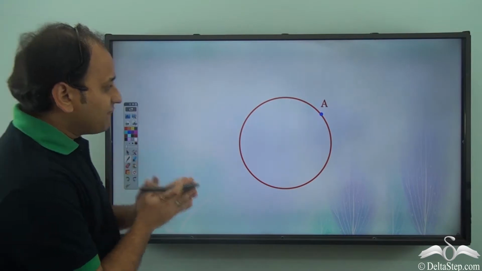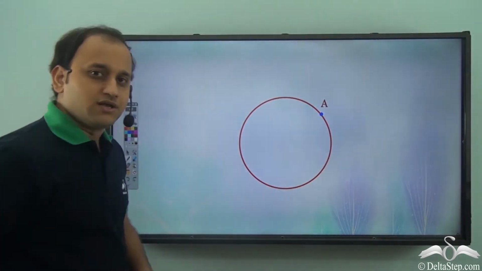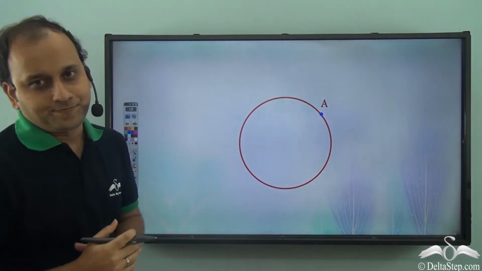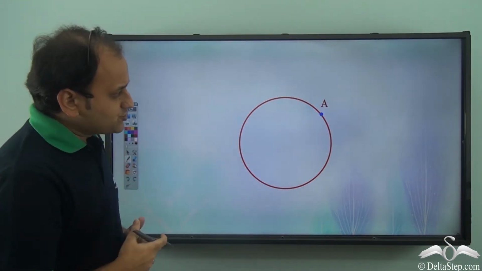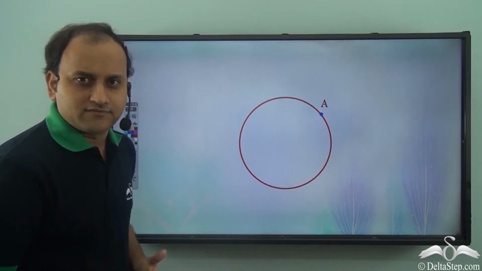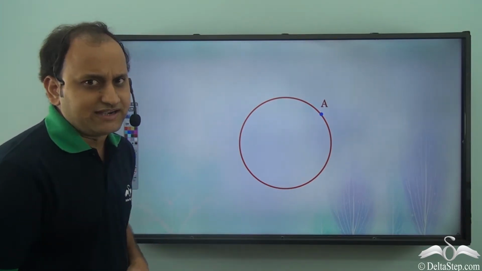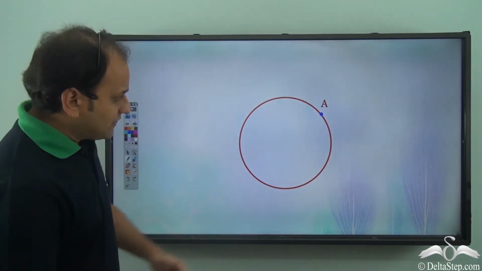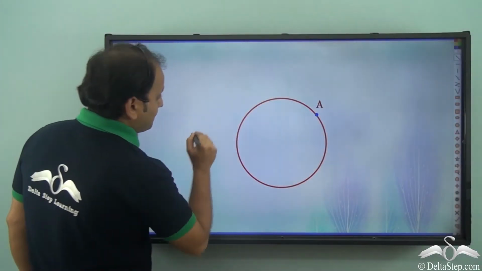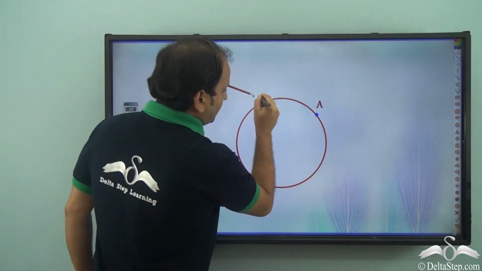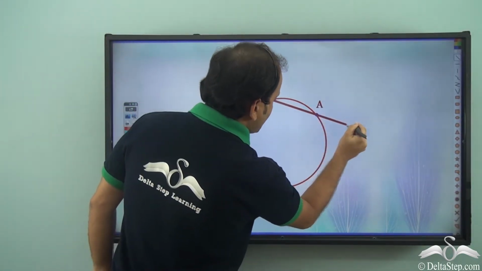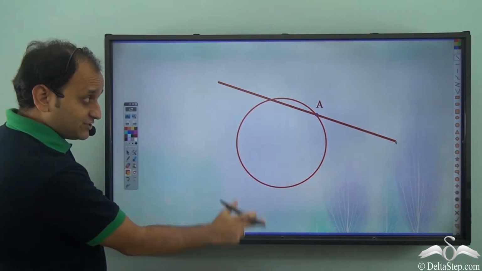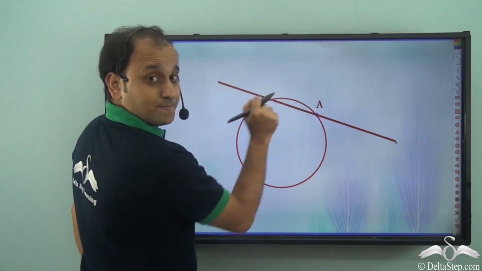Now, I have this particular circle here and let's consider this particular point A. If I want to draw a line through A, how many different possibilities are there? Well, there are numerous possibilities. For example, let's try a line from here. So I have this line passing through this particular point.